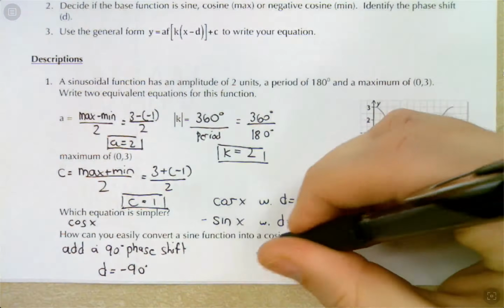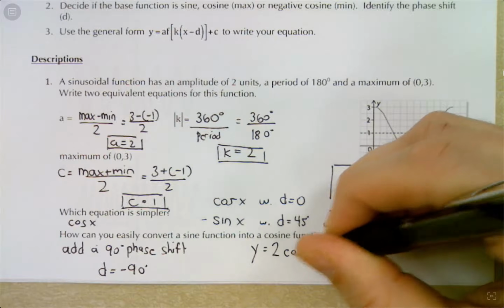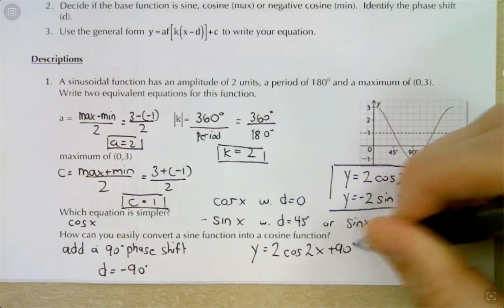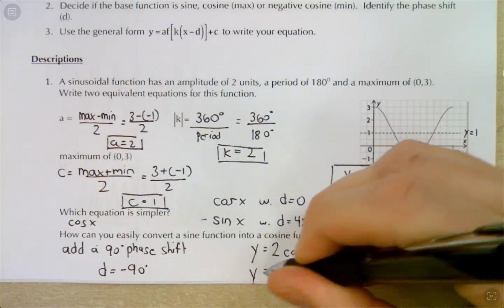So to do that, let's take a look. We'll take our cos graph and we'll add 90 degrees. Now we know that we should have k common factored, so we'll common factor k.